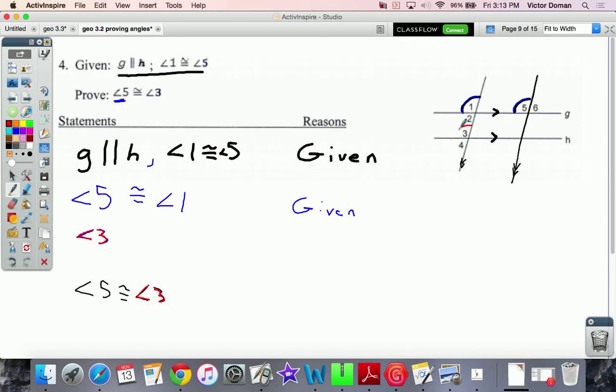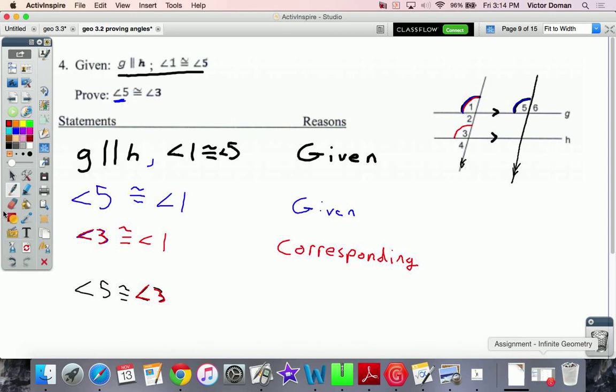Well, notice angle 3 and angle 1 are corresponding angles. So angle 1 and angle 3 are congruent because they are corresponding angles. And we know corresponding angles of parallel lines are congruent.